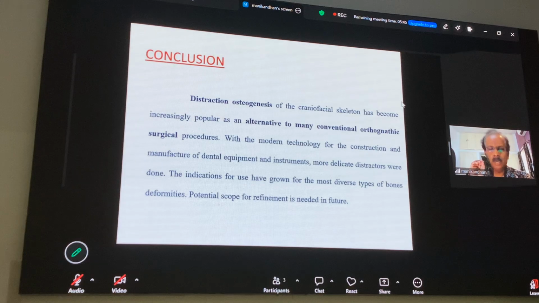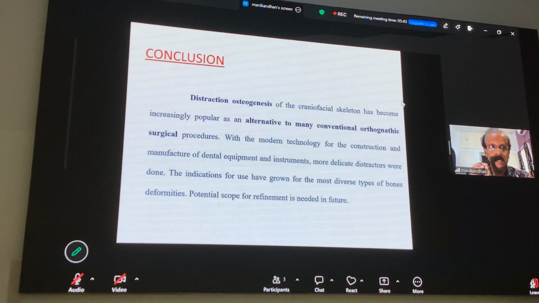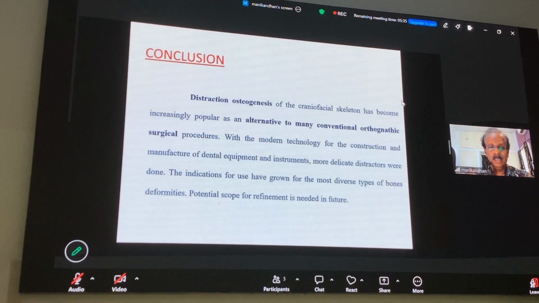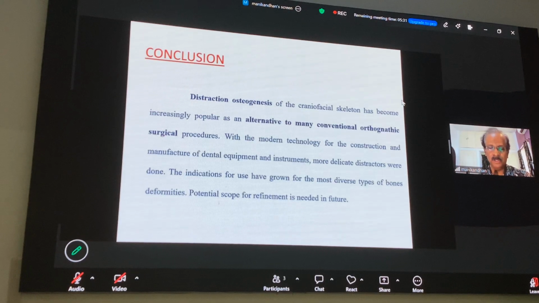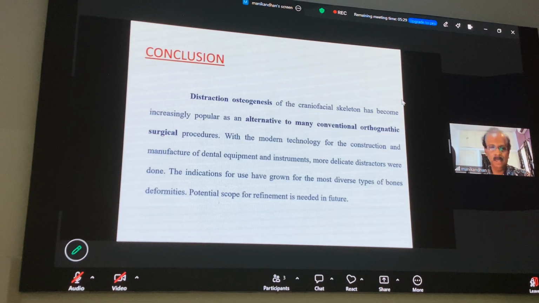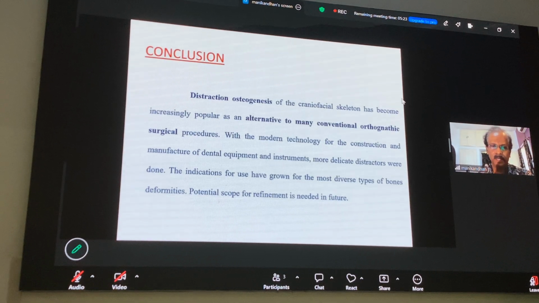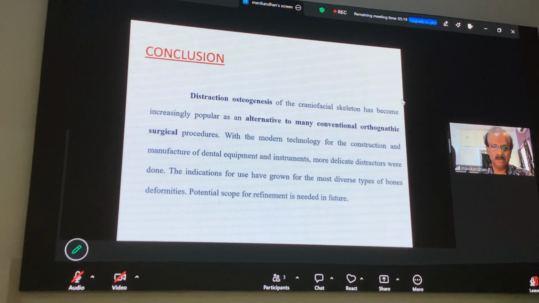So what is important to understand? When you read and when you write, know the definition, physiology, anatomy, what is vector, types of distractors, Lorentz, clinical. If you know this much, I think it's more than enough. And after that, your clinical experience will matter a lot. You will understand after 10 years of using distraction, okay, this case I will use it, that case I will not use it.